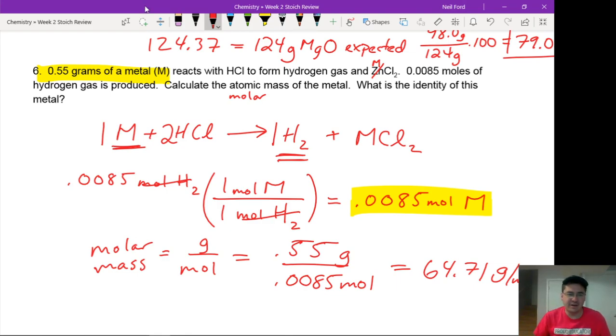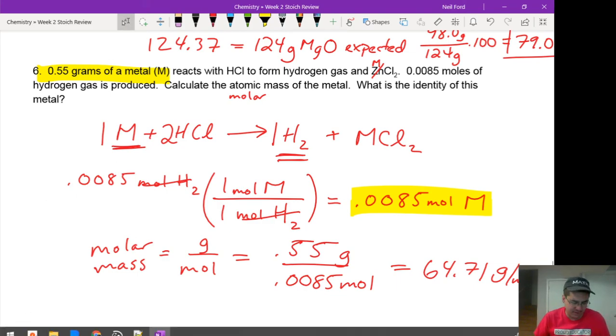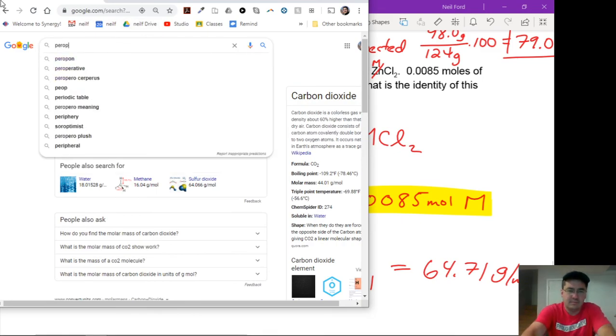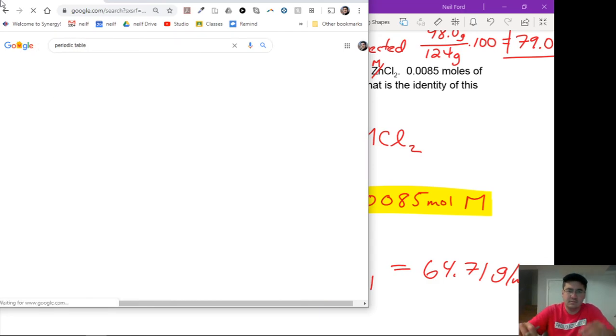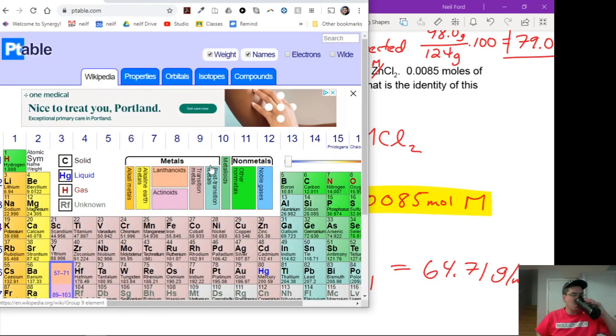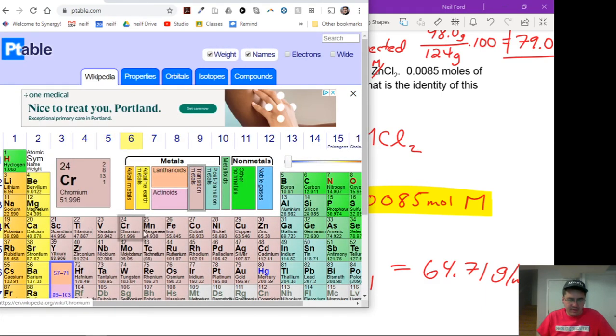which if you start looking around on the periodic table, let me do that for you. You start looking through them, you find zinc or copper. Probably it's about 1.5 grams heavier than copper.